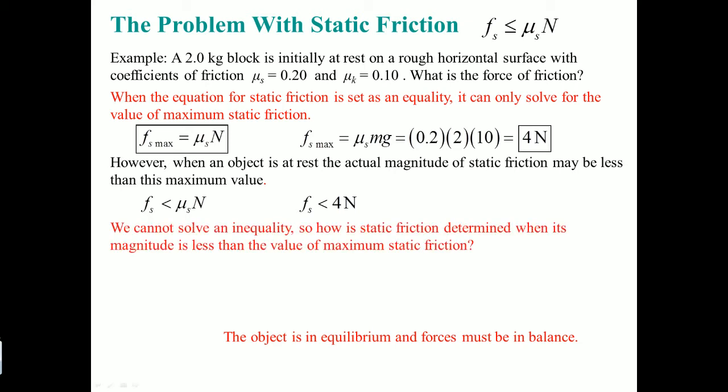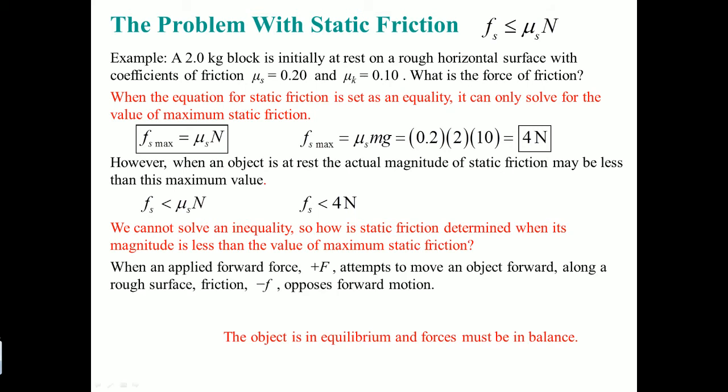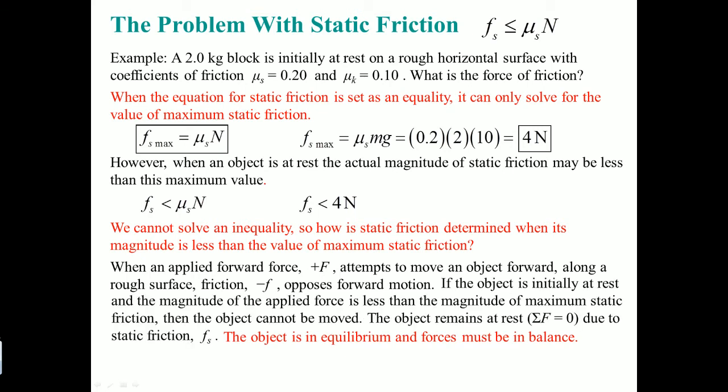We cannot solve an inequality. So how is static friction determined when its magnitude is less than the maximum? Well, when an applied forward force F attempts to move an object forward along a rough surface, the force of friction, minus F, opposes the forward force.